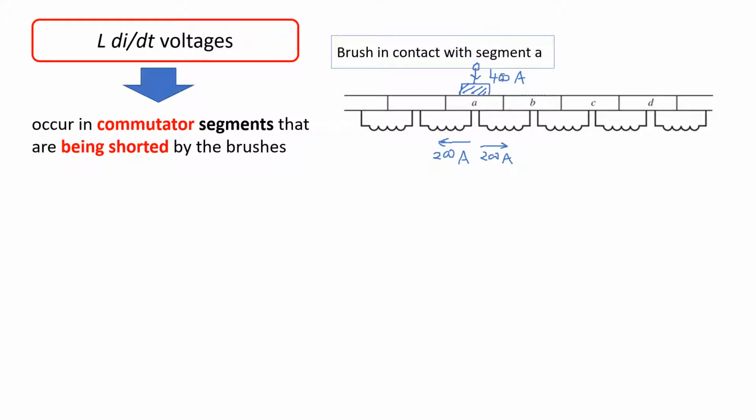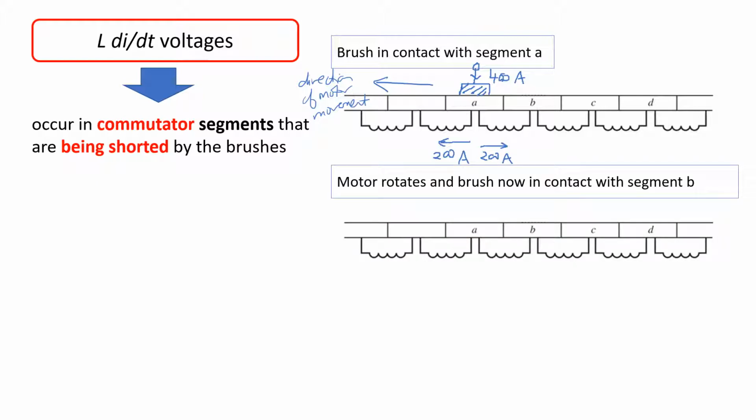Now, the machine is rotating, and let's assume the direction of movement of the motor is to the left. So after a few seconds, the brush would then be in contact with the second commutator, which is commutator B. Initially the brush was at commutator A, but now the brush has moved to commutator B, and the same current is flowing in, which is 400 amperes.